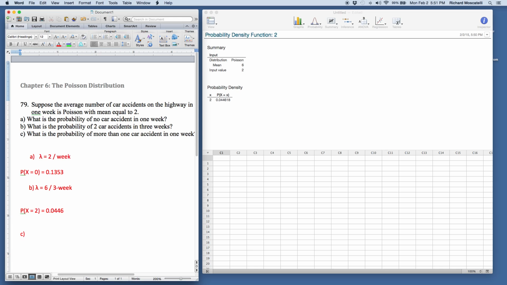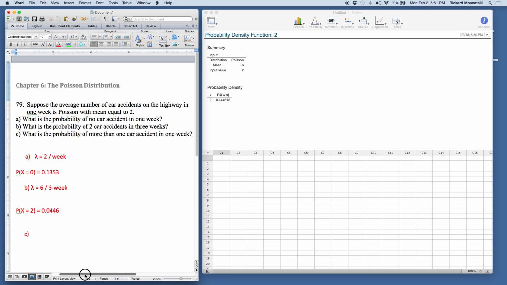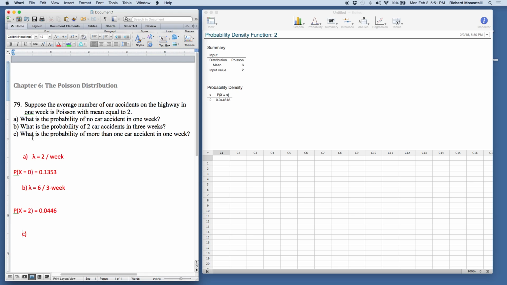All right, part C. Looks like we're back to 1 week again. It says, what is the probability of more than 1 car accident in 1 week? So we're back to a 1 week time period. So this time, we're back to the scenario where lambda is 2 per week.